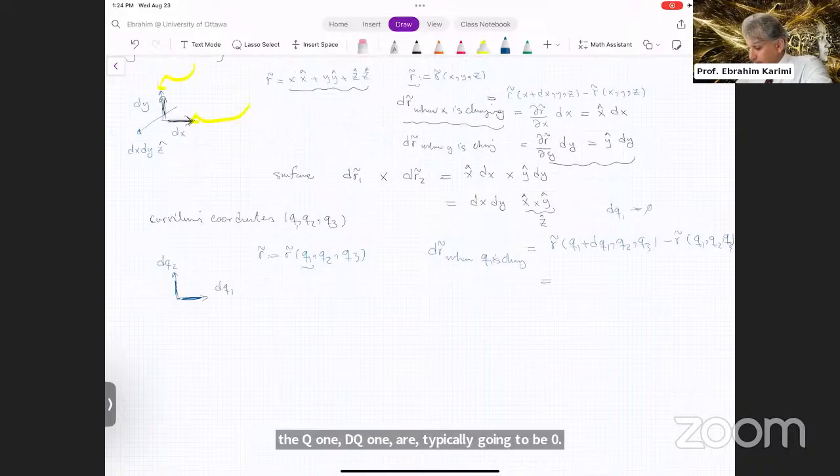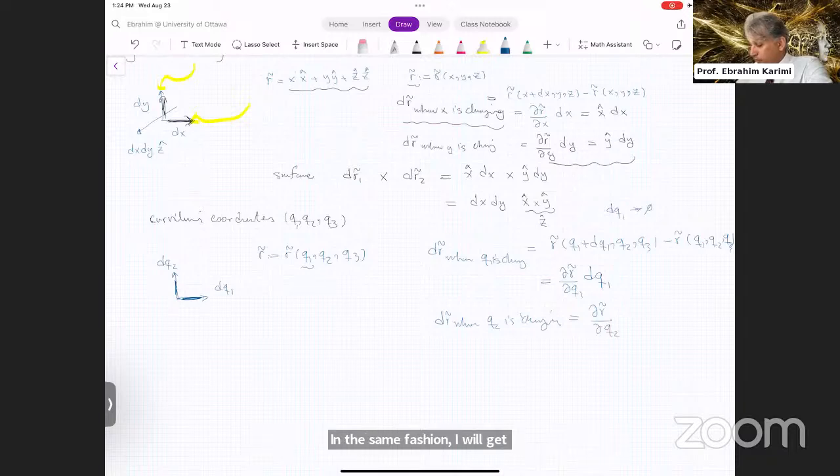The result will be the derivative of R with respect to Q1 multiplied by dQ1. I can do the same thing for dr when Q2 is changing. In the same fashion, I will get the derivative of R with respect to Q2 times dQ2. Do you agree?